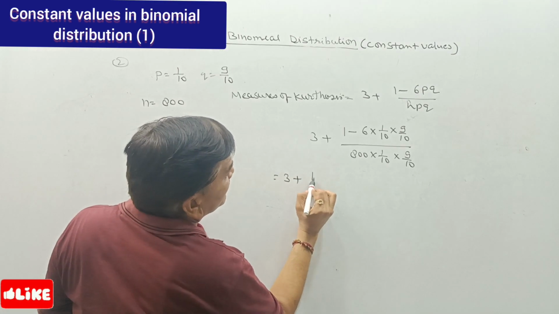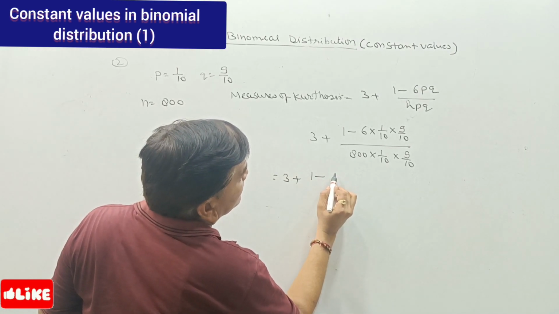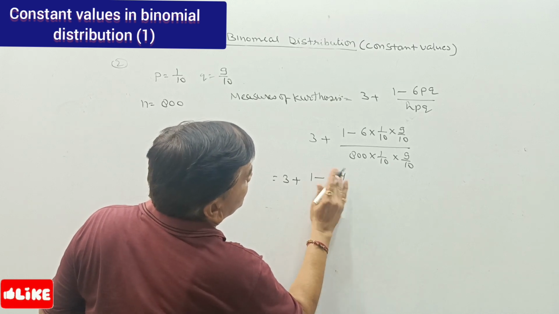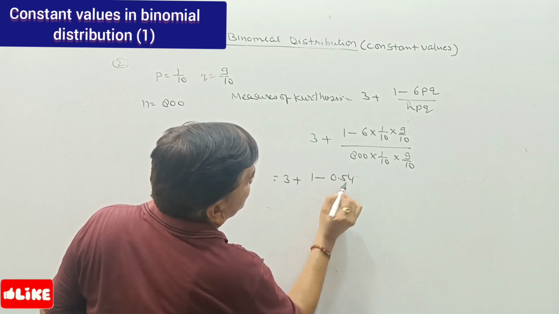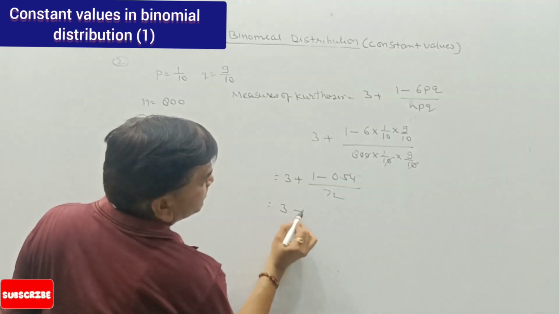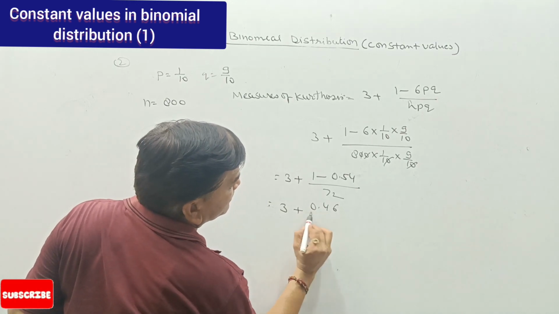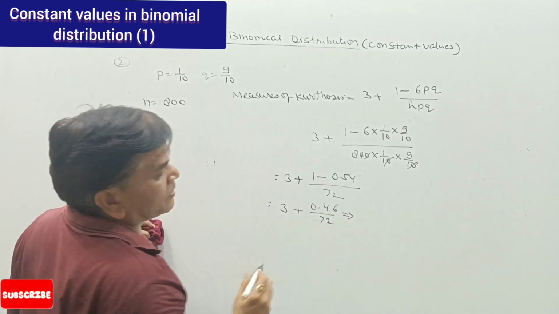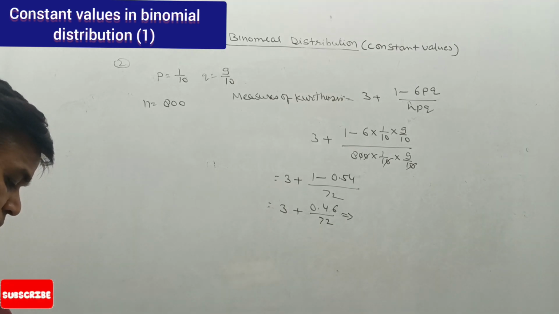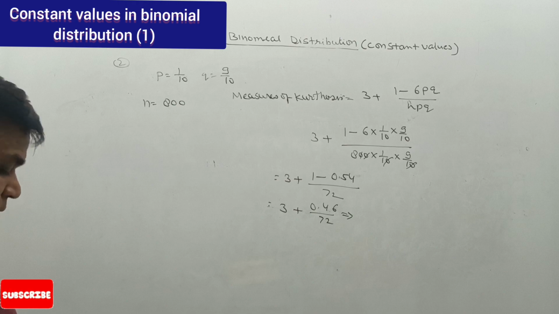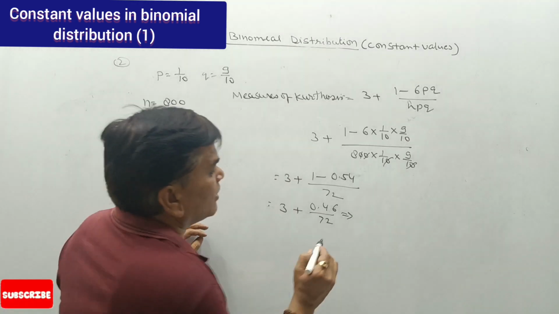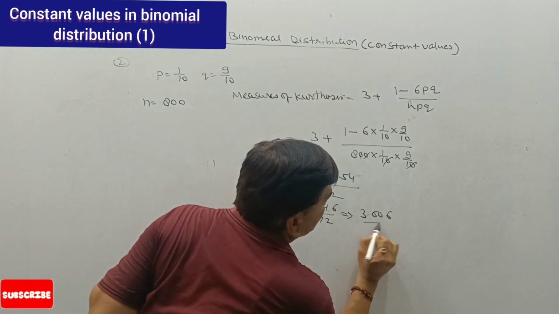So 3 plus 1 minus 0.54 divided by 72. So 3 plus 0.46 upon 72. So 0.46 divided by 72 plus 3 gives 3.006. So the value is 3.006.